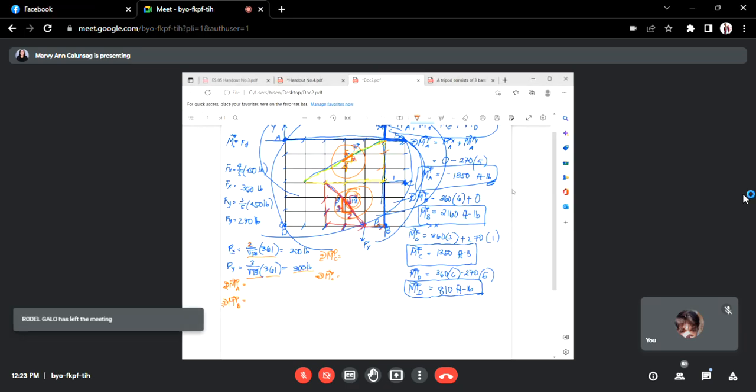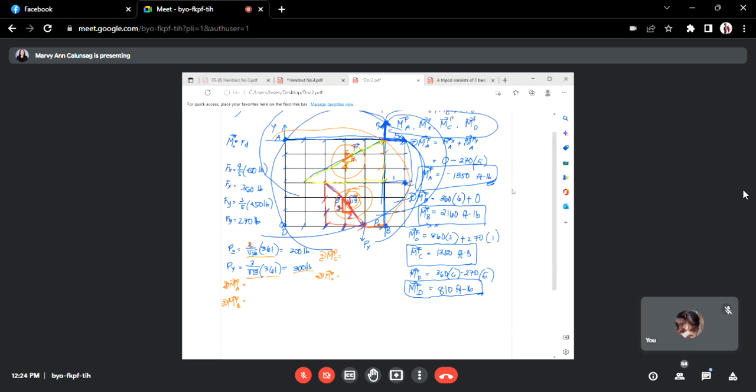Let's look at PX about A. The rotation of PX about A is counterclockwise, so negative PX, which is 200, times the moment arm. The line of action of PX is along here. So how many units? 1, 2, 3, 4, 5, 6, times 6.